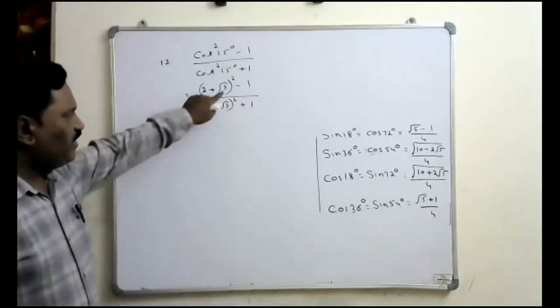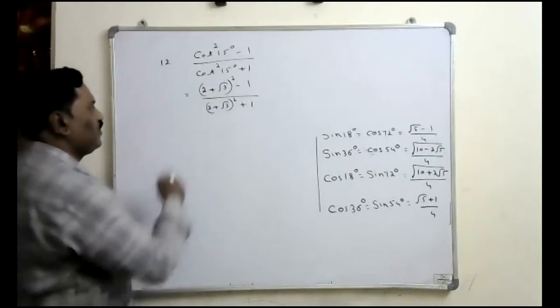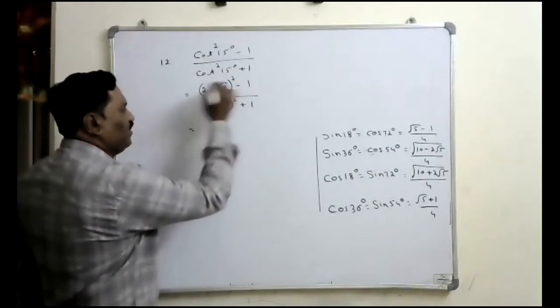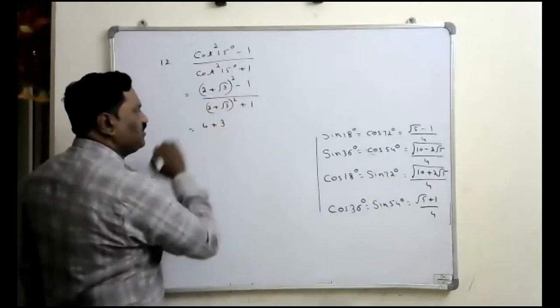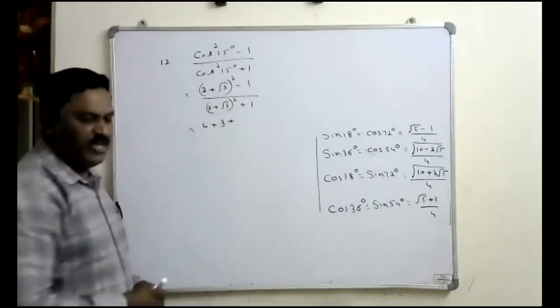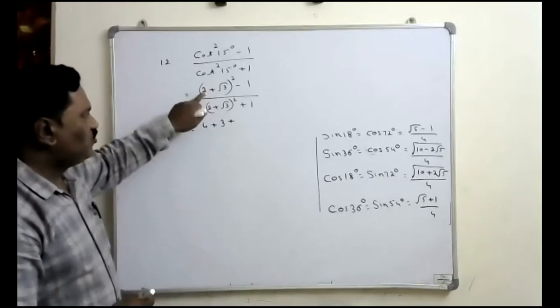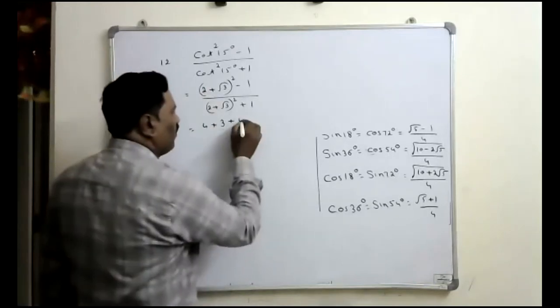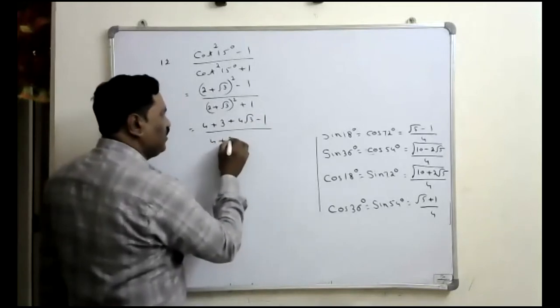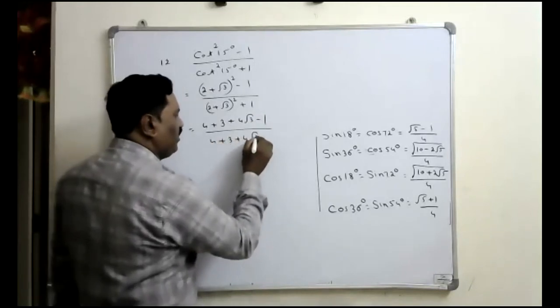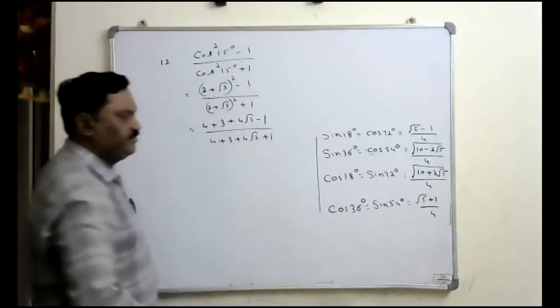Now it is (a plus b) whole square. If you expand this, it is 2 square, that is 4, root 3 whole square is 3, plus 2ab. 2ab means 2 twos are 4 root 3. Minus 1 upon 4 plus 3 plus 4 root 3 plus 1, we will get it.